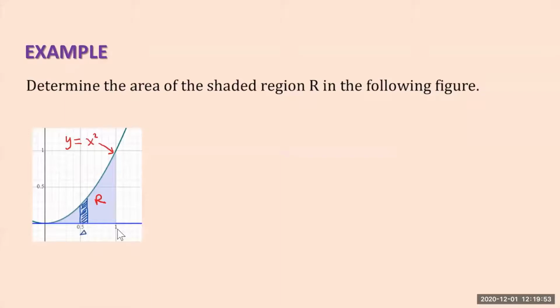And if I move this all the way to the left or all the way to the right, you can see that the rectangle will always be between this function and the x-axis. That means this is a single region and we can find the area using a single integral.